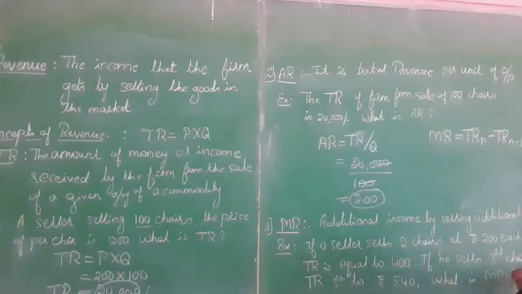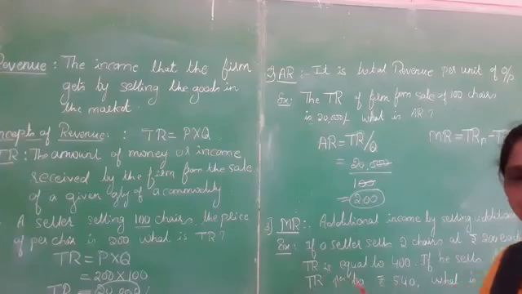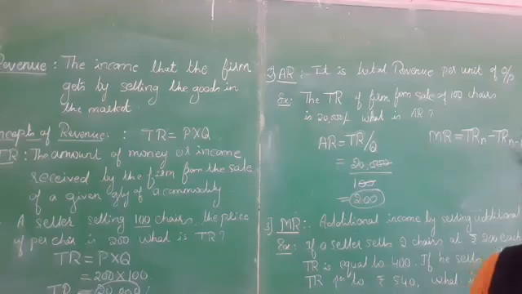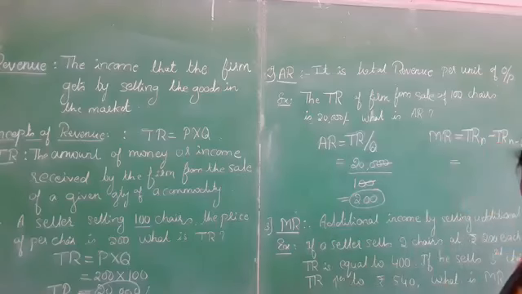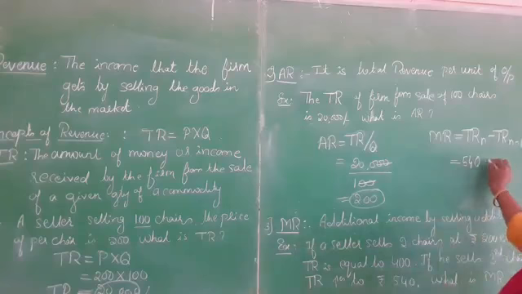If he sells a third chair, his total revenue increases to rupees 540. Now find the marginal revenue. When he sells the third chair, that is TRn, the total revenue of the nth unit, which is 540. When he sold 2 chairs, his total revenue was 400.